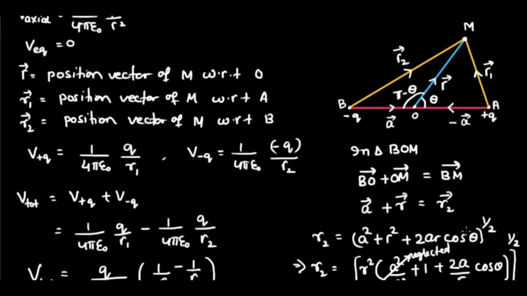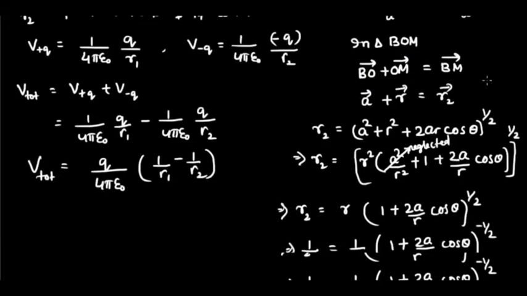To find the value of 1 by R1, you must look at the triangle AOM. In this triangle, AO vector and OM vector are in the same order, and AM vector is in the opposite order. It means AO vector plus OM vector will be AM vector.